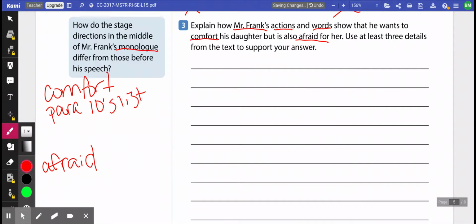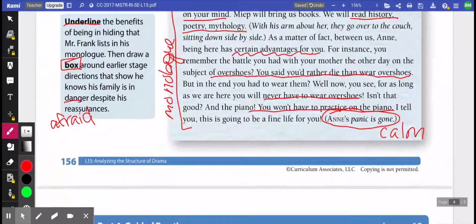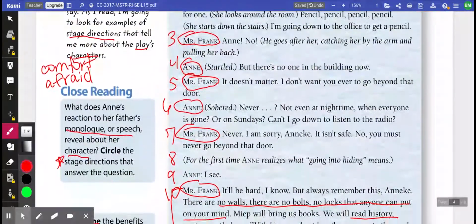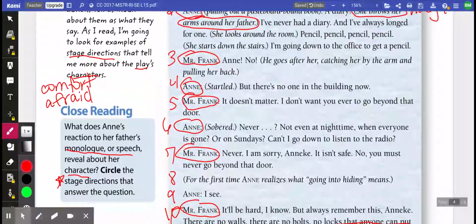And how do we know that he's afraid for her? Well, it also says up here, right here, I should have boxed that. Right here, he even yells out, and no, and that exclamation is he's trying to get her attention, catches her by the arm and pulls her back. And then he even tells her, it isn't safe.